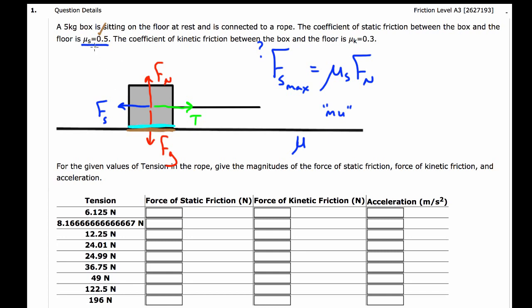Ice would probably have a mu-s of 0.2 or something against another surface. And it's important to note that you have to specify both surfaces. I can't just say, what is the coefficient of static friction? That's what this mu-s is, the coefficient of static friction. I can't just ask, what's the coefficient of static friction of ice? Because ice on what? Ice on wood, ice on metal, ice on anything.